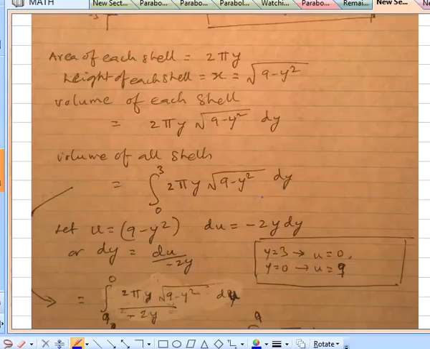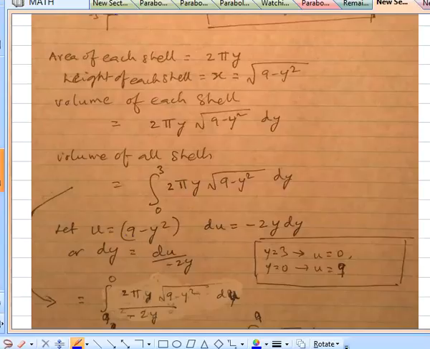And this is an interesting problem because you have part of it under a radical and you have y outside. So this is a nice problem for a u substitution, to learn about u substitution. The rule for u substitution is, if you have something under a radical like 9 minus y squared, and if you take the derivative of this, and that turns out to be the term outside, then that's a good candidate for u substitution.